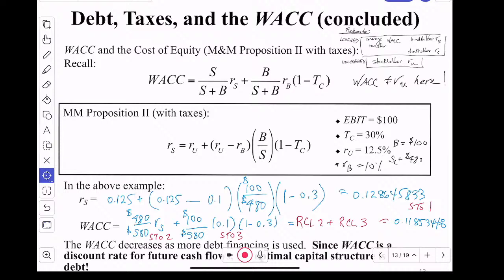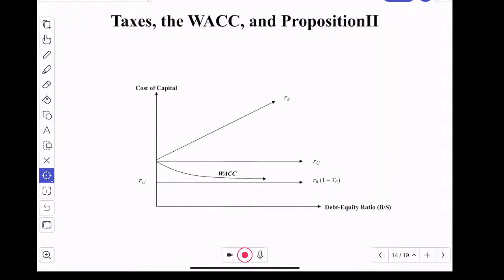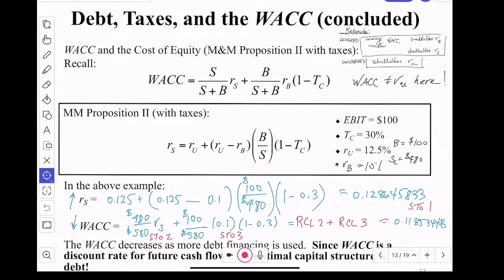It went from 12.5%, RS goes up, and WACC looks like it's going down. Where's WACC ultimately going? RS is up, WACC is down, because remember, it's a weighted average. So you see where it's going.